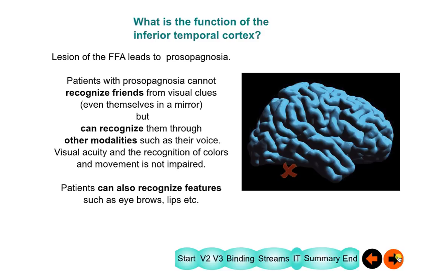You're looking at the sea of faces, and if you have prosopagnosia, you won't be able to pick out who it is that's the person you're looking for. It's an amazing thing to think about.